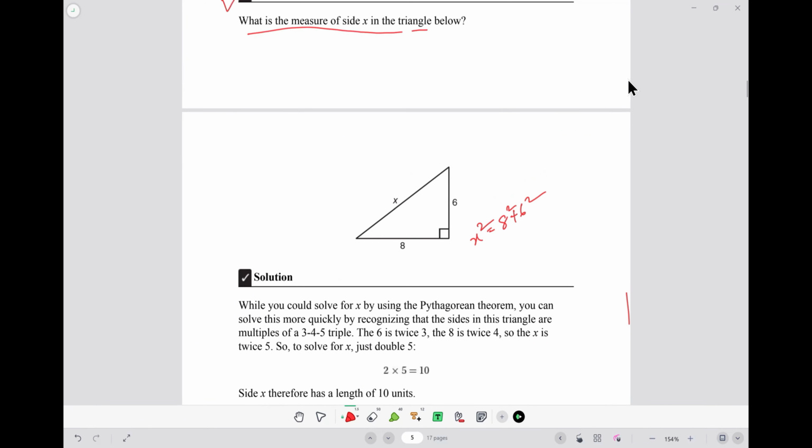As we already know, we have come to know the concept of Pythagorean triple. For example, one of the most basic Pythagorean triples is 3, 4, and 5.